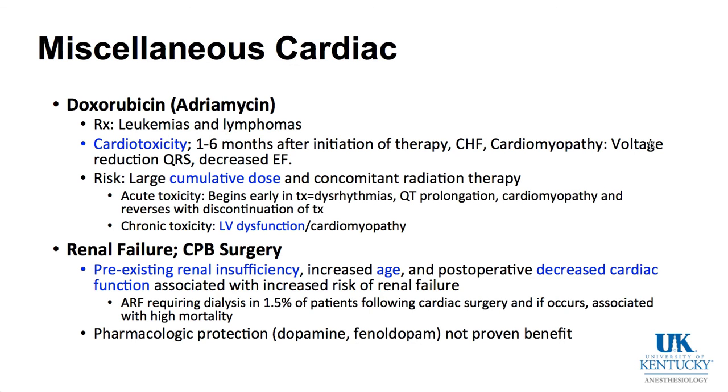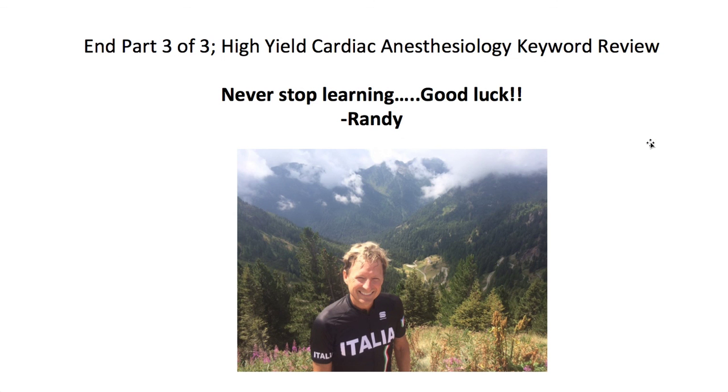So if they already have a creatinine of, let's say, 2, and they're 80 years old, and they have a ventricle that's not pumping well after heart surgery, so their kidneys aren't getting good blood flow, those are the classic ones that go into renal failure postoperatively. And pharmacologic protection with drugs like dopamine and fenoldopam have not been proven beneficial in preventing renal failure in these patients. This ends part 3 of 3, high-yield cardiac anesthesiology keyword review.